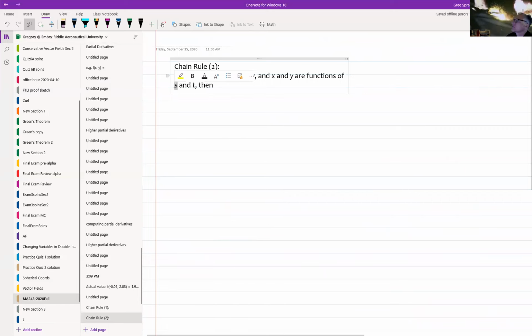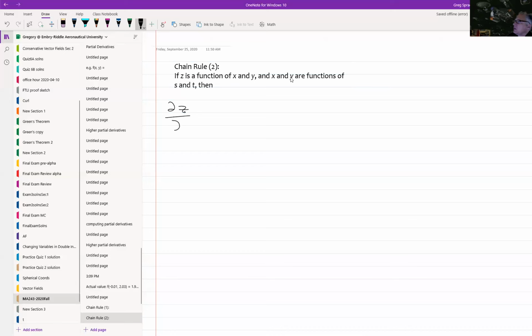So suppose z is a function of x and y, and x and y are functions of s and t. Then we can think of z as a function of s and t, so it should have partial derivatives del z del s and del z del t.